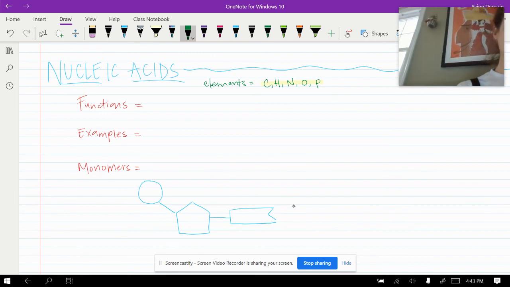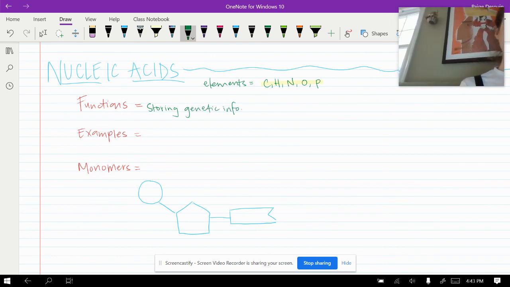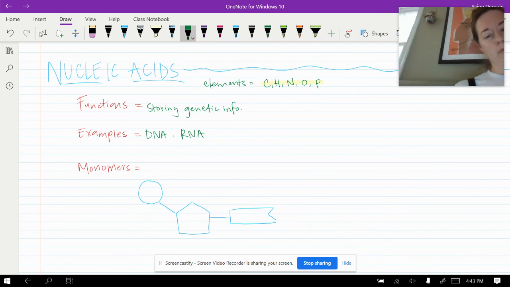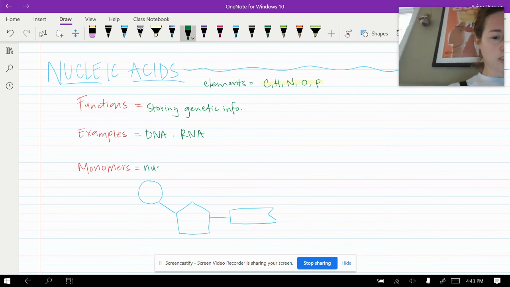The functions are, there's only two examples. They're DNA and RNA. The monomers of nucleic acids are called nucleotides.